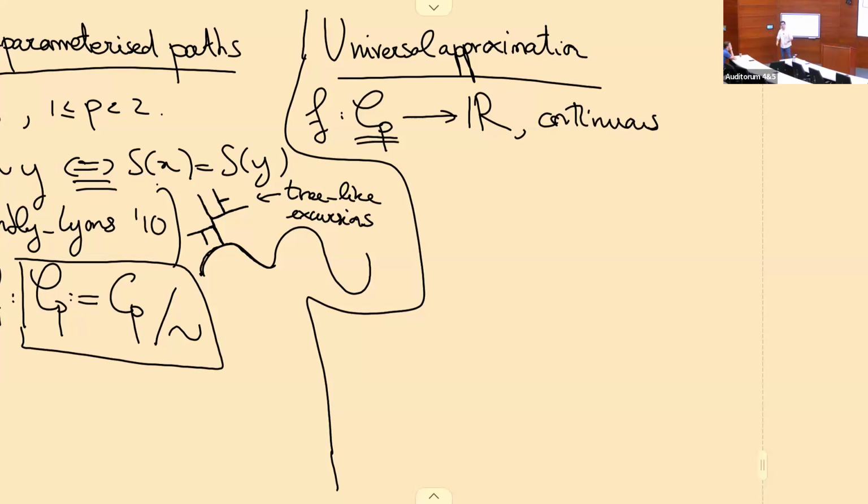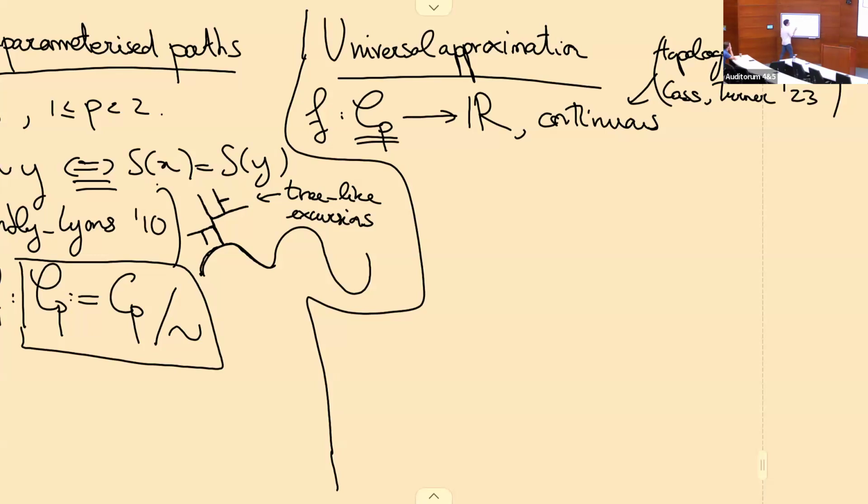You need to have a topology on that space, and you need to pick it carefully. I will point out the recent paper by Tom Cass and Will Turner, 23, where they discuss different choices of topologies on unparameterized paths.